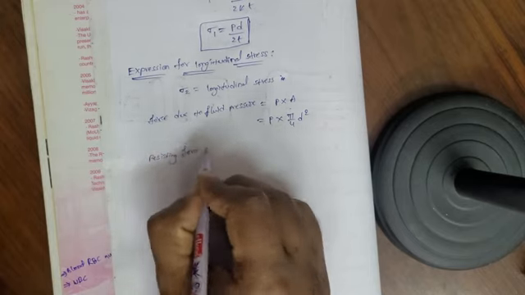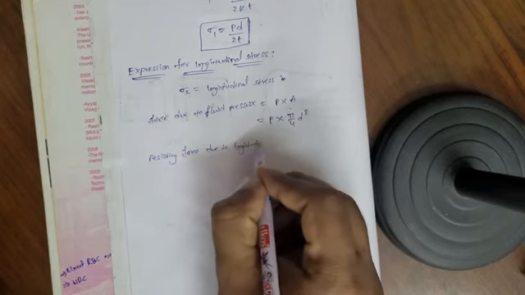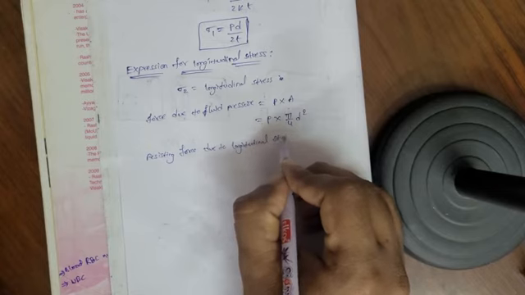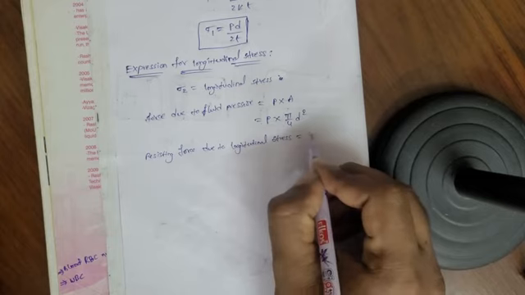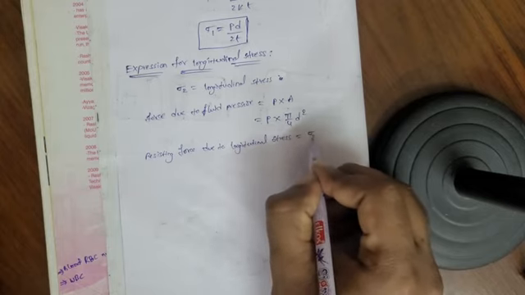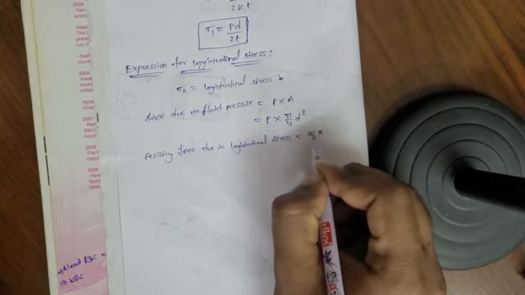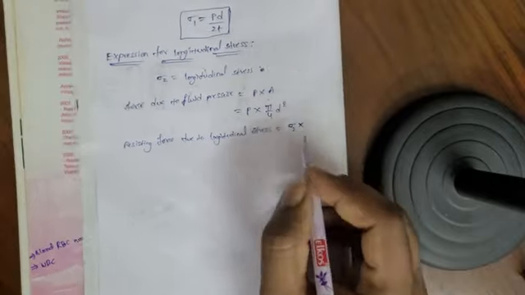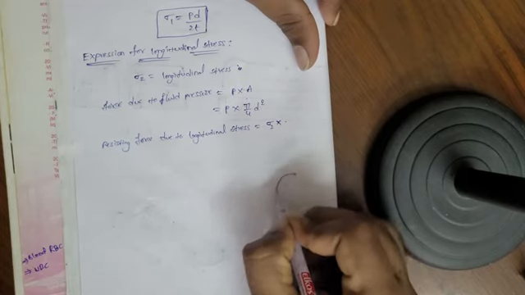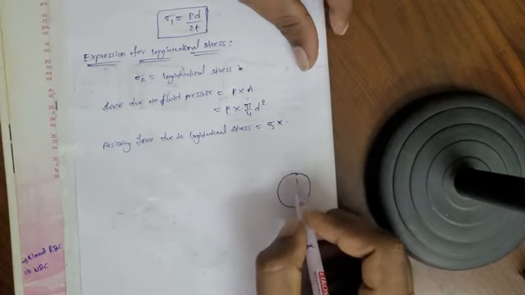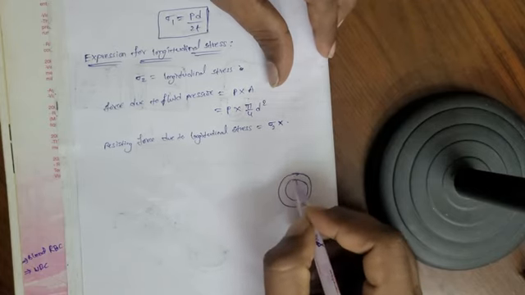Resisting force due to longitudinal stress. What is the formula? Here the force due to longitudinal stress is sigma 2, as we considered, into the area on which this sigma 2 is acting. Here the sigma 2 is acting at the circle of the cylinder. This is the side view of the cylinder I am drawing for understanding purpose.